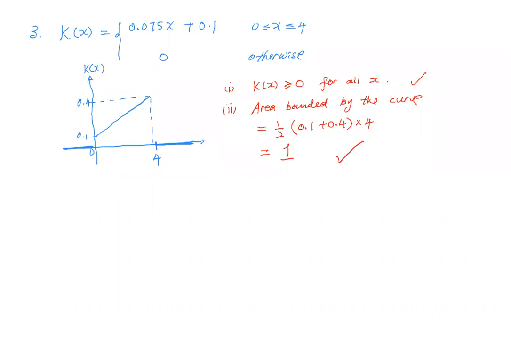So now if I want the probability for x to be equal to 2, for example, you want to find the area bounded by the curve, you must integrate, correct? So if I say equal to 2, that means the lower limit is 2, the upper limit is also 2. Am I right?